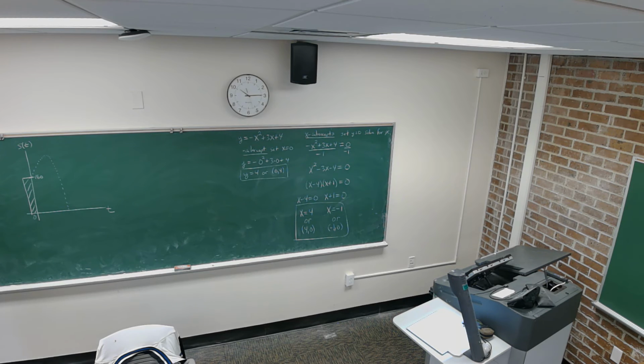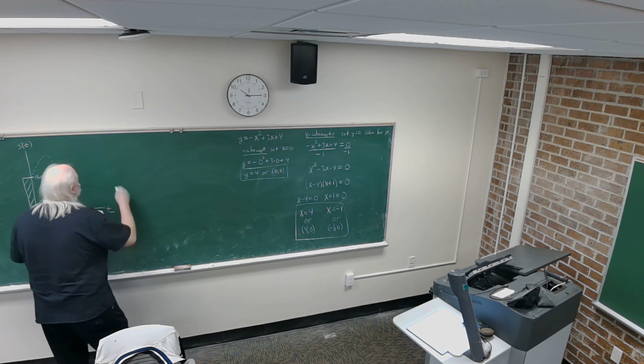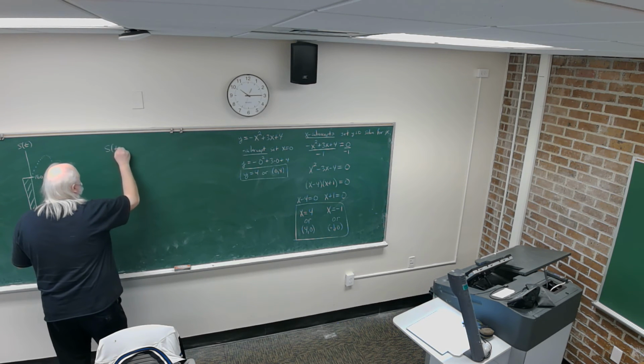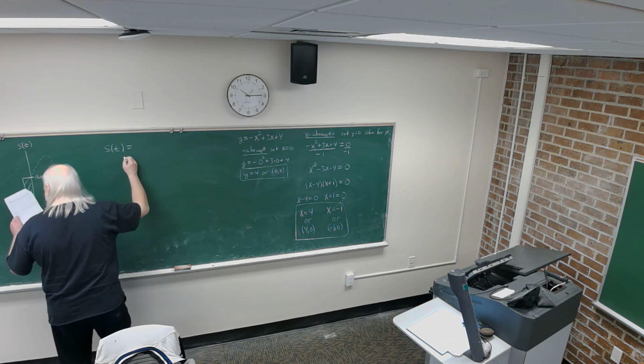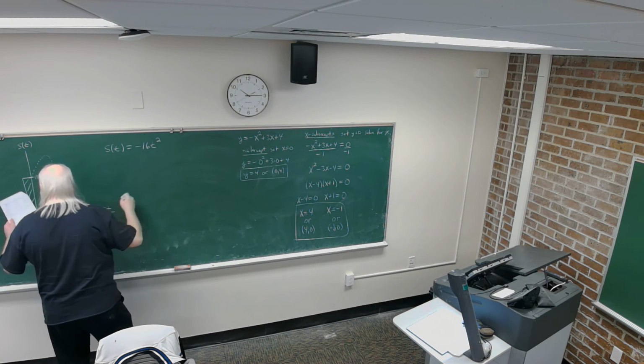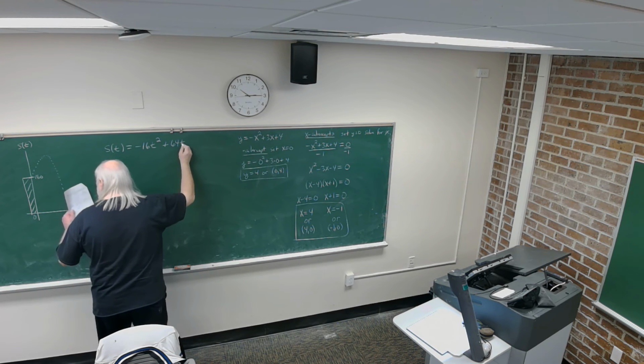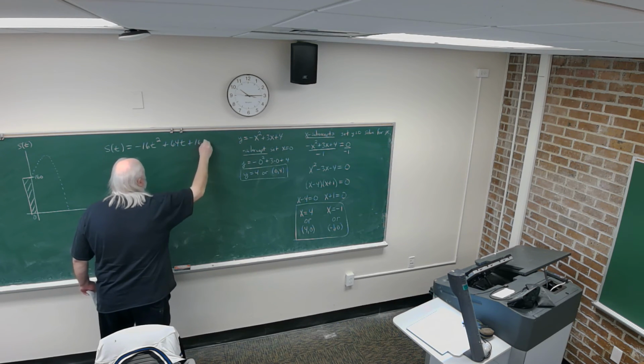So the height of the ball as a function of time is S of t equals minus 16t squared plus 64t plus 160. Okay.